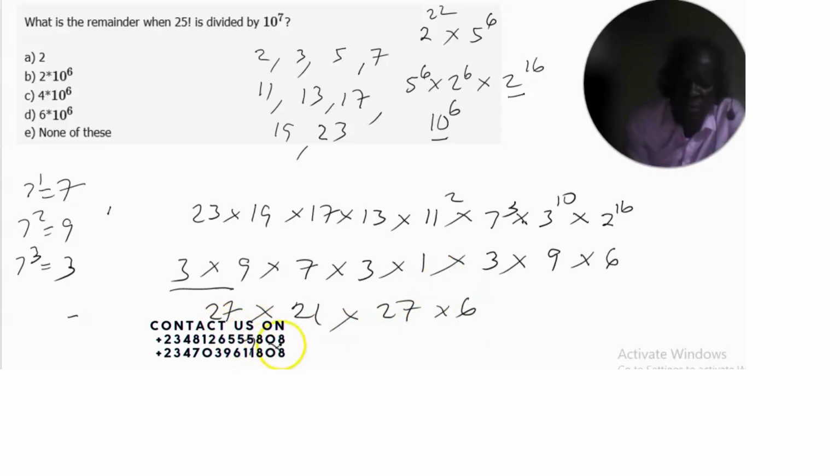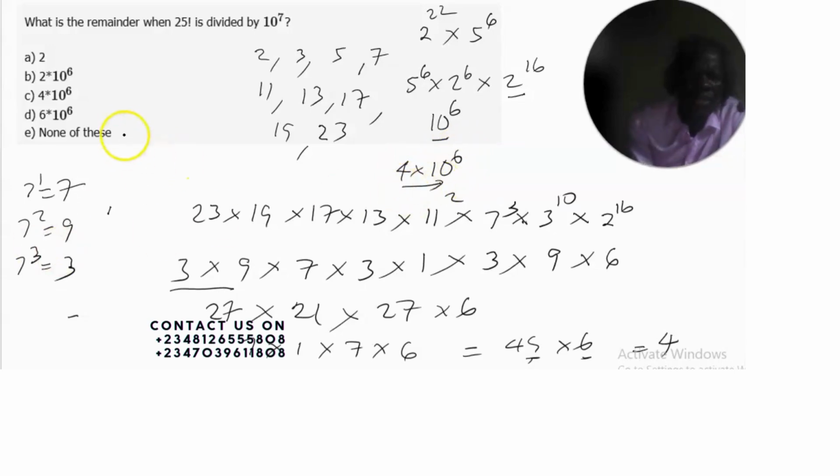So 7 times 1 times 7 times 6 will give us 49 times 6. Taking the unit digit of the two numbers, 9 times 6 will give us 54. So the unit digit is 4. Since we have 10 raised to power 6 already, the last digit will be 4 times 10 raised to power 6. Which will make that our answer.